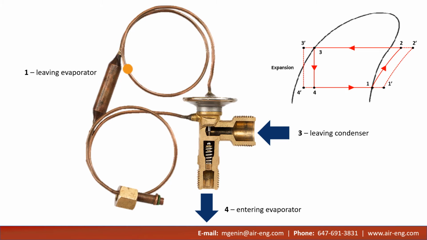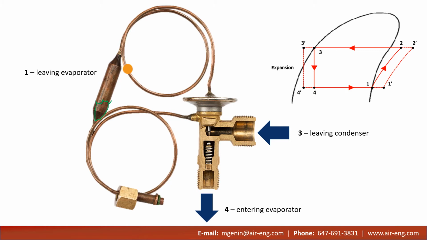So the next best way is to use a thermal expansion valve, or a TX valve. And this is a mechanical device that's shown in this image. There is a sensing bulb which contains a small amount of refrigerant, a gas and liquid mixture, inside of it.